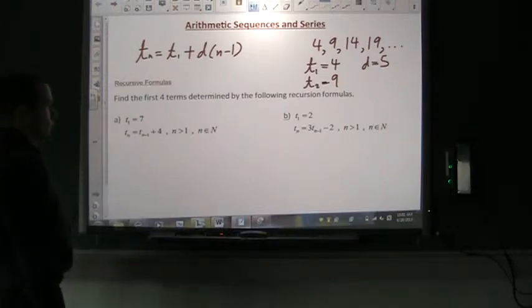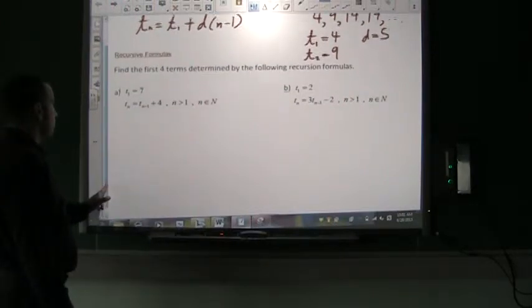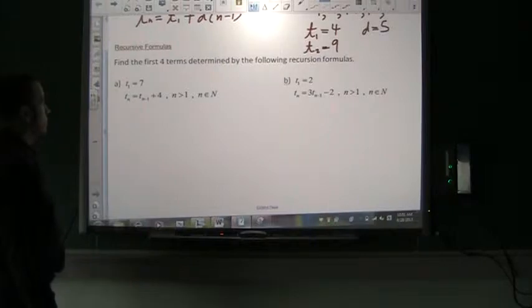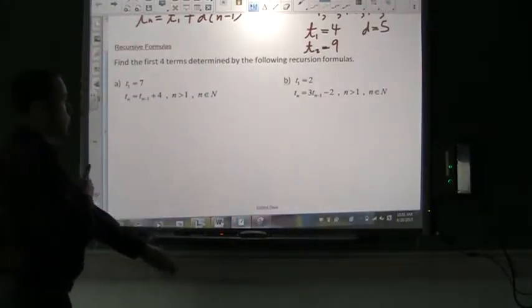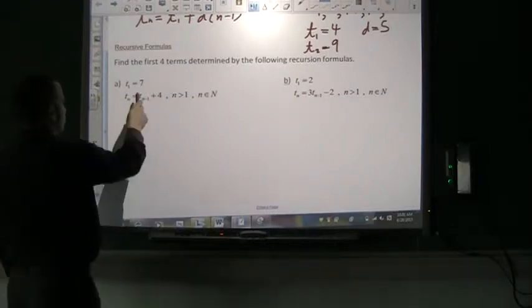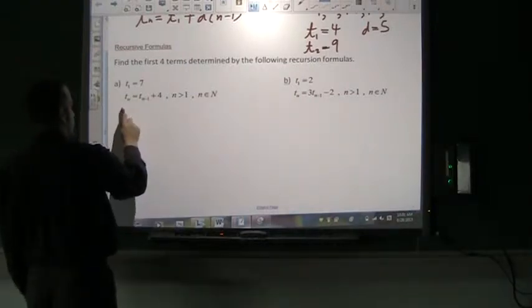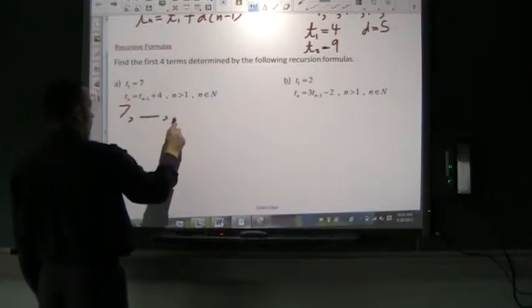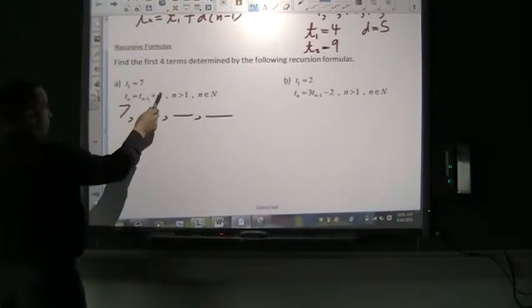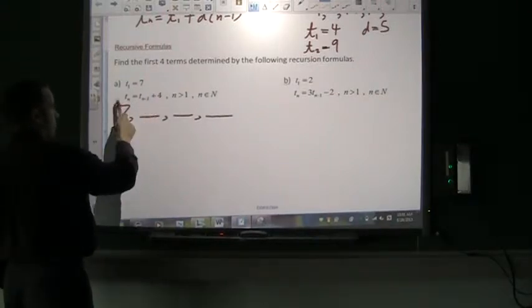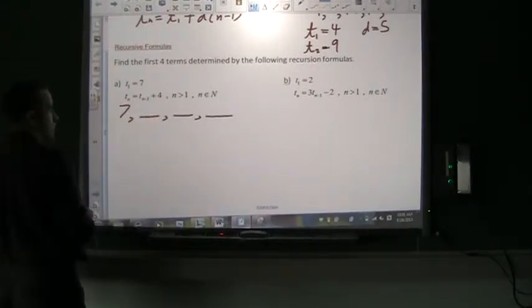So let's go through a couple of examples. First of all, the recursive formulas. Let's find the first 4 terms determined by the following recursives. We already have the first term: the first term is 7. I need to find the next 3. I've got a formula right here that tells me how to find the next term.